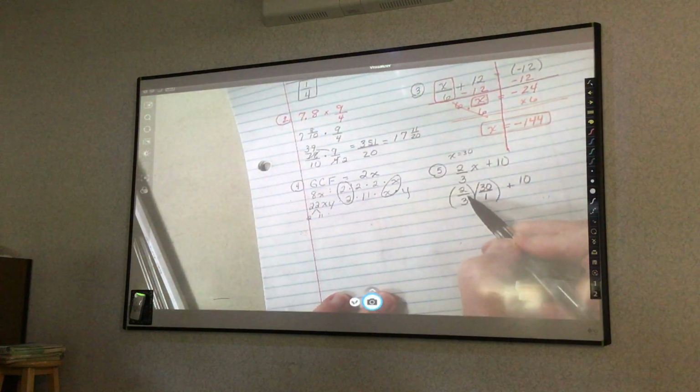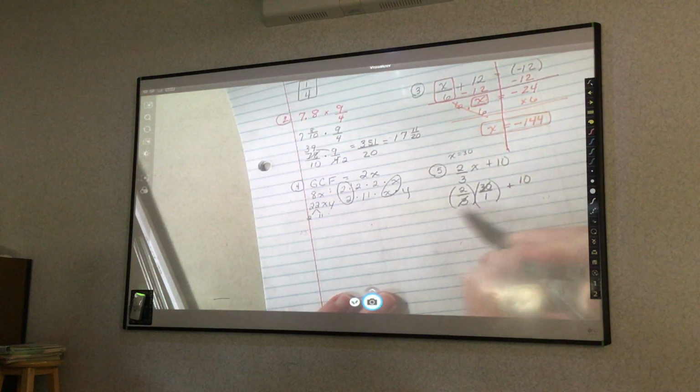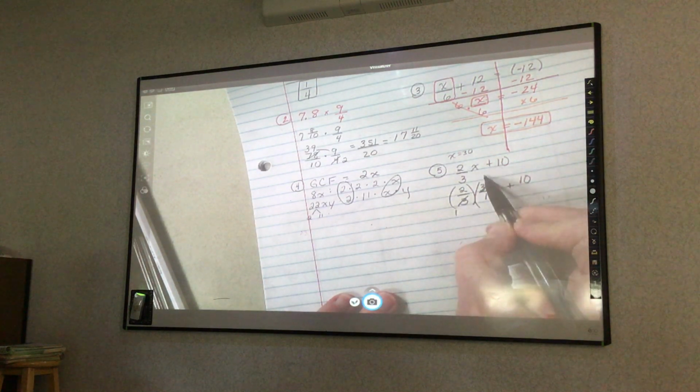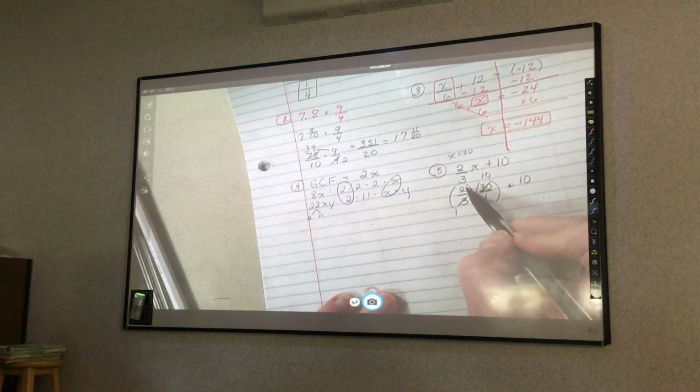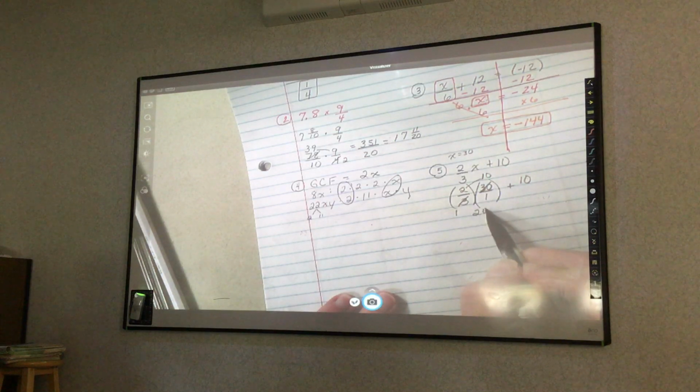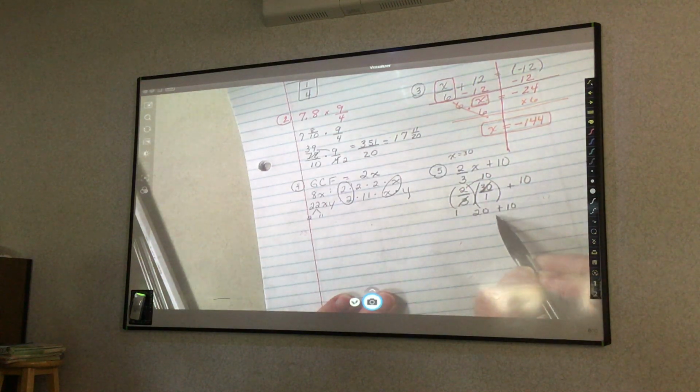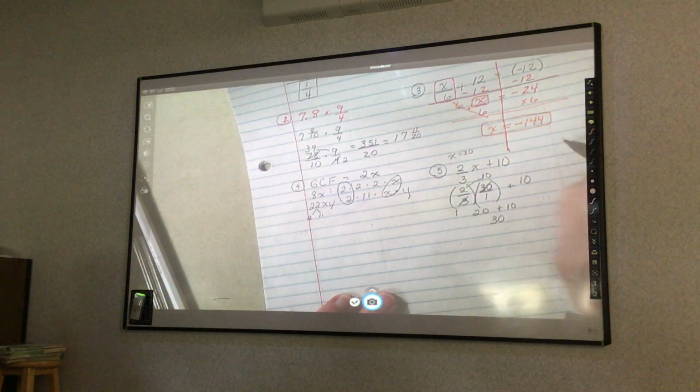So I'm going to reduce by 3. 3 divided by 3 is 1. 30 divided by 3 is 10. So 2 times 10 is 20, and then we have 20 plus 10, which would be 30. We do this again for the other side: 1/3 x plus 5.